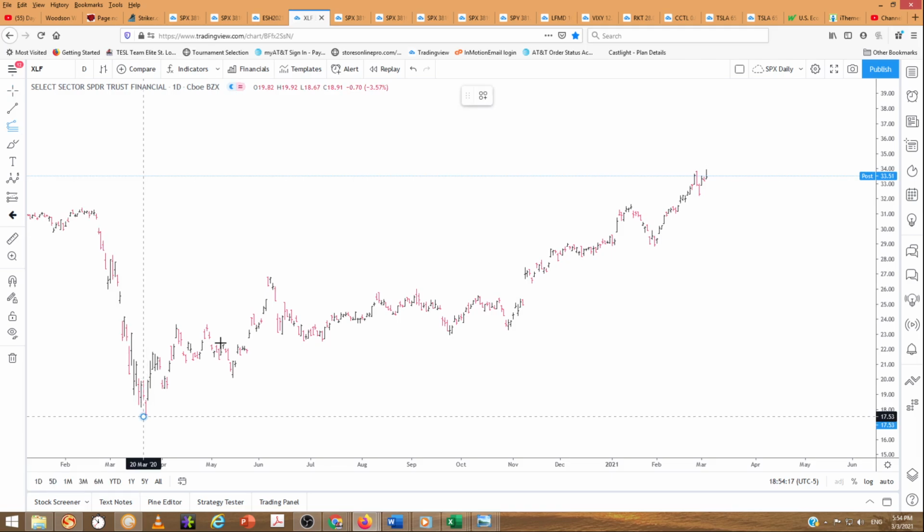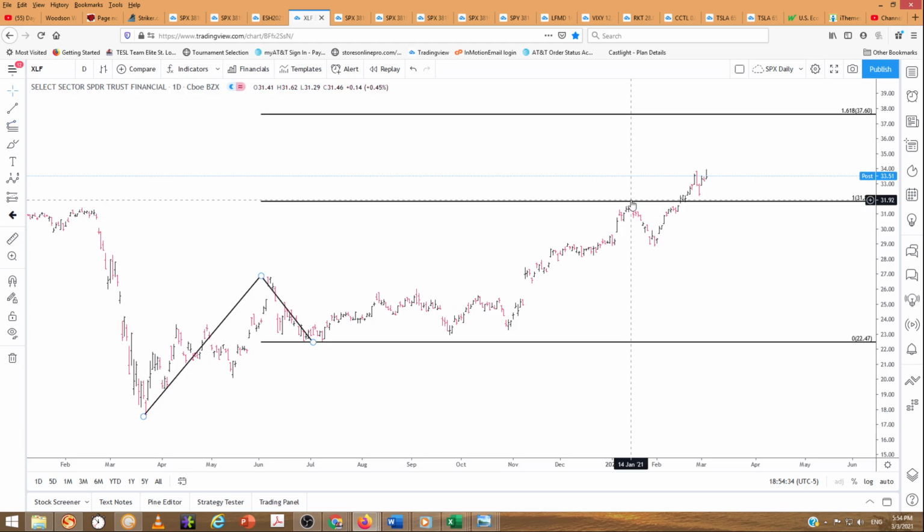Okay, by the way, that's the financial ETF for those of you who may be wondering. Okay, so we have a 1 up, a 2 down, and here's obviously where 3 is. It gains equality. It may be off by a little bit, but it's equal to 1, and then we get 4 here. So let's put in our labels real quick.